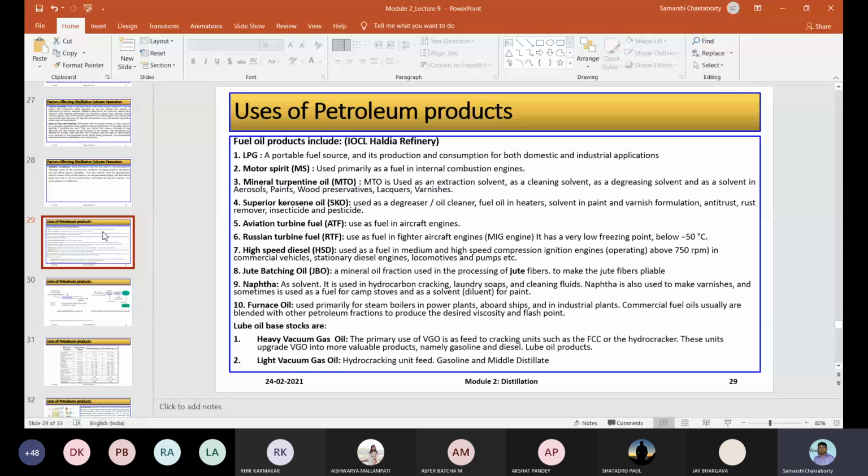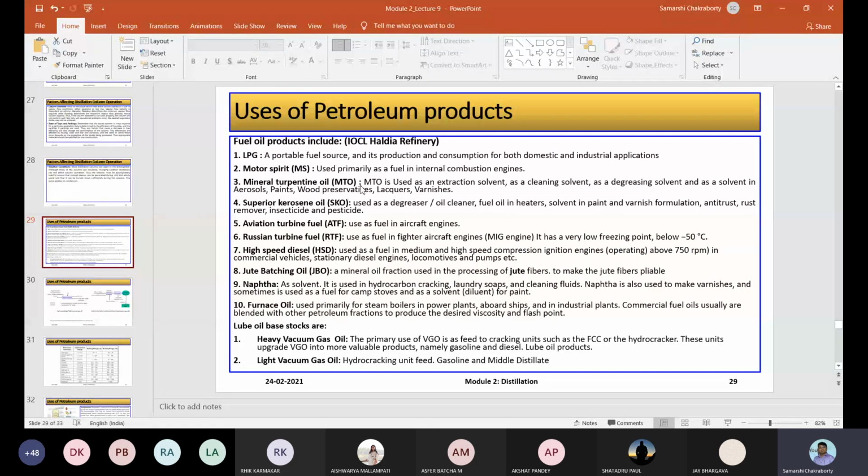Other than that, the top part is LPG, which is nothing but the combination of butane and propane, a portable fuel for both domestic and industrial application. Motor spirit is primarily used as a fuel in internal combustion engines.